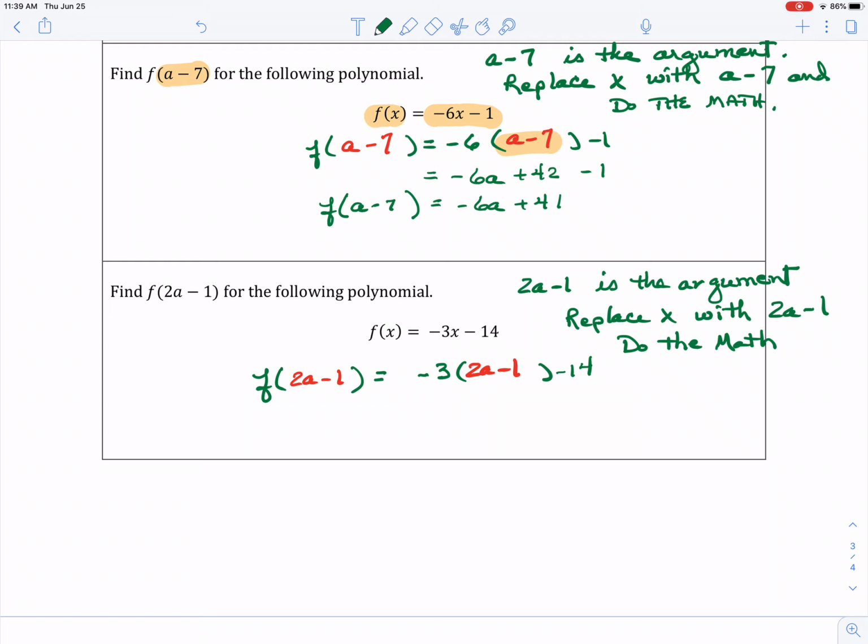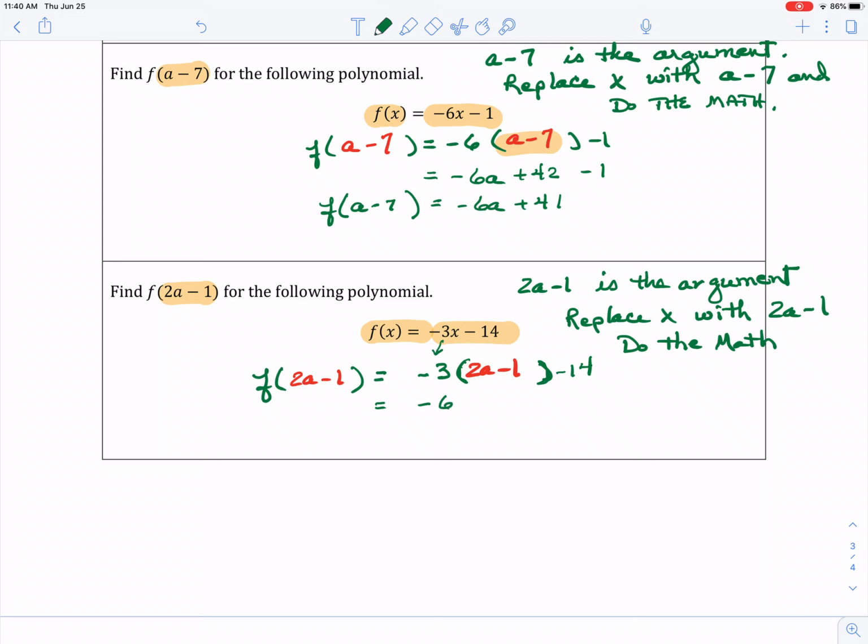And the last one, we have another f of x equals negative 3x minus 14, and the argument this time is 2a minus 1. So again, you'll see that I've taken the function, I've written down this numerical coefficient, negative 3. I've left this opening here where I've put in the argument 2a minus 1, and then I've just copied down the minus 14.